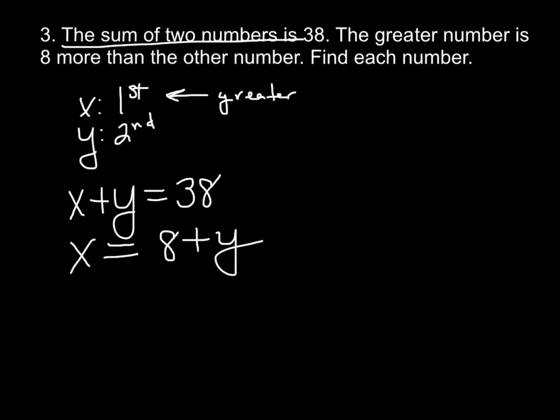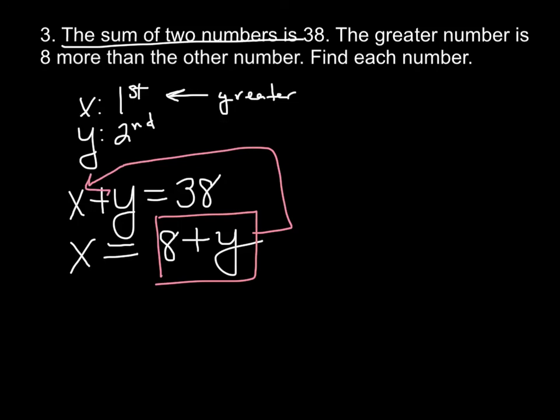X, the greater number, equals 8 plus Y, which is the smaller number, the other number. So we already have one of our equations solved for X. So we take X equals the value of 8 plus Y. So I take that and plug it in for X. So my equation would be 8 plus Y, that's what I plugged in, plus Y equals 38.